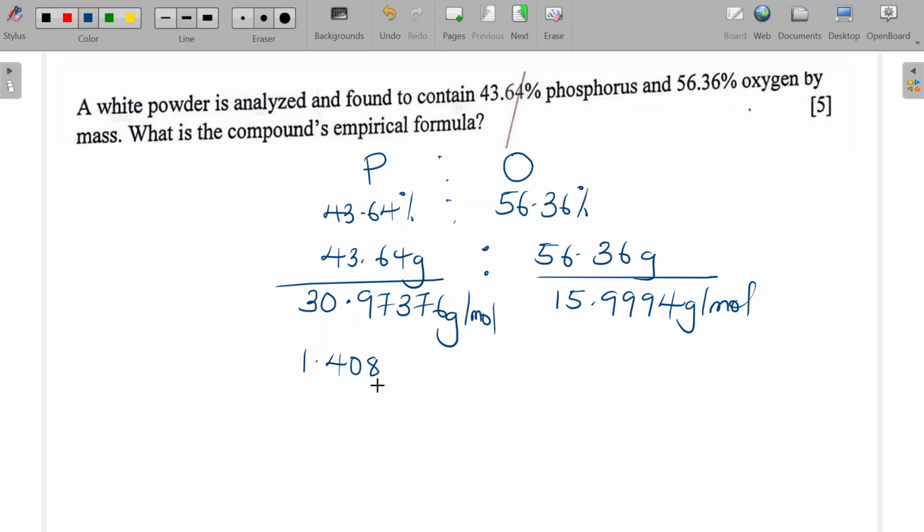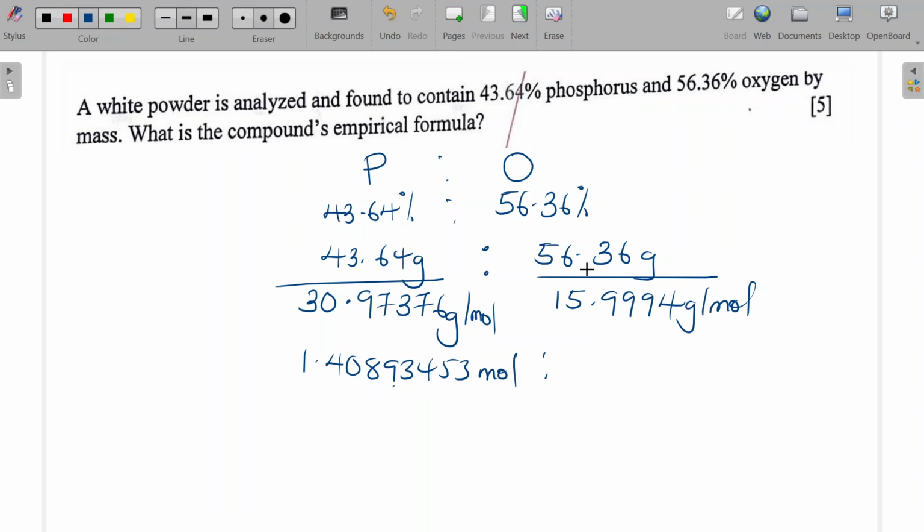Let me write it first. So I get 1.4089353 moles.